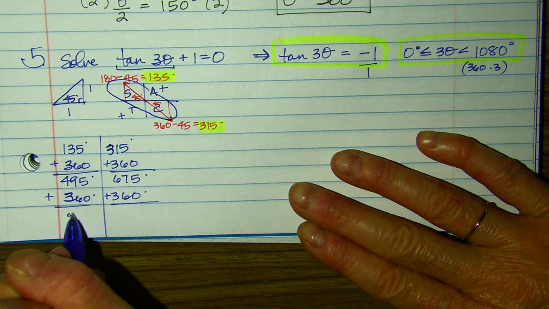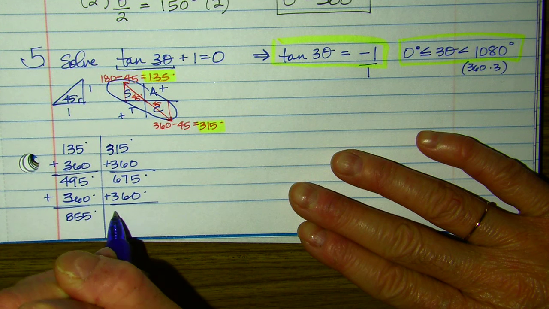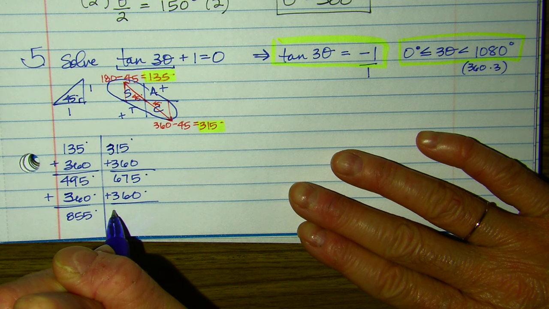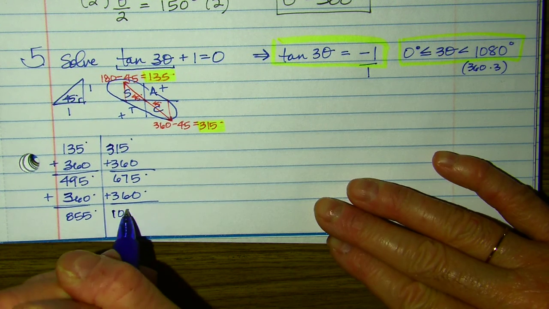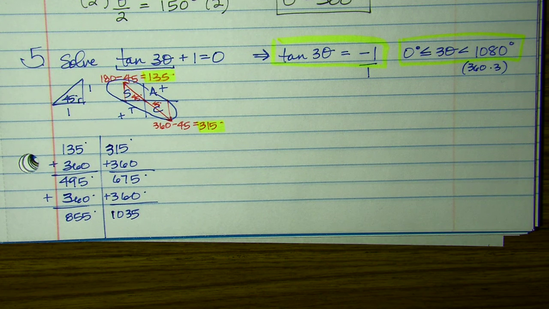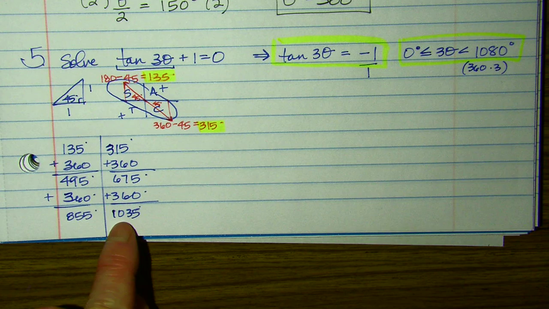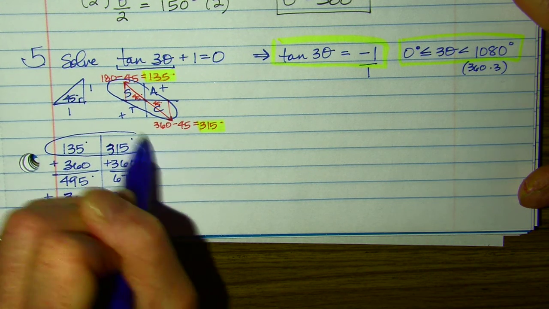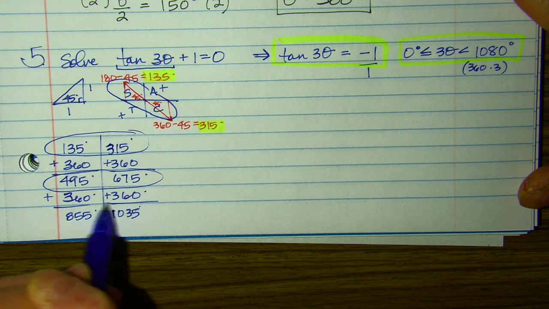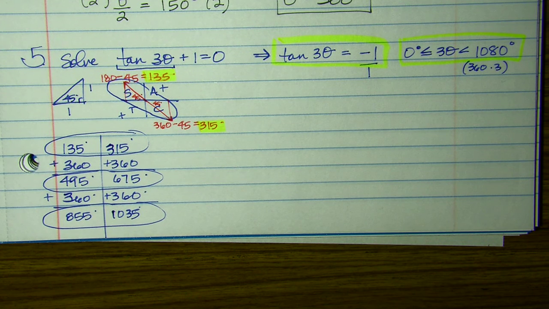And that gave me 855 and this is, oh, I did this wrong in my original. Sorry. This is 1035. And so obviously if I'm at 1035, I can't do another rotation of 360. So I'm paying attention to these. Right? I'm not doing the adding of 360.